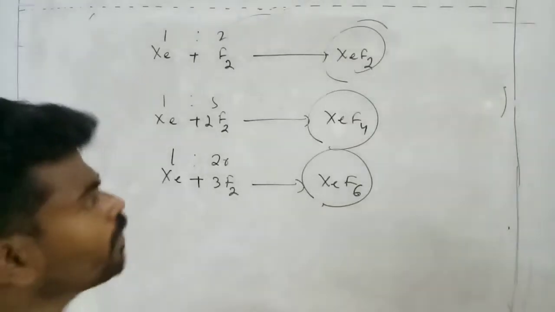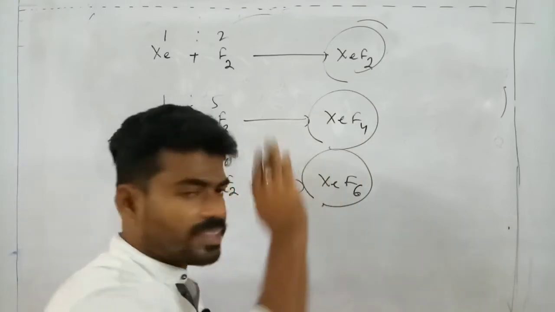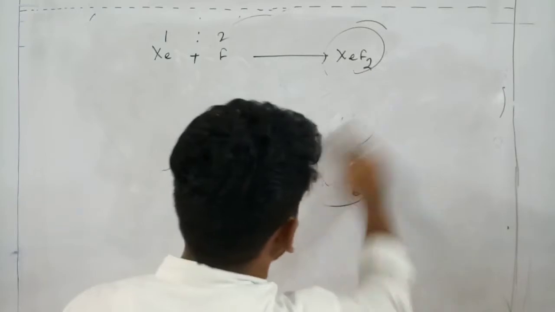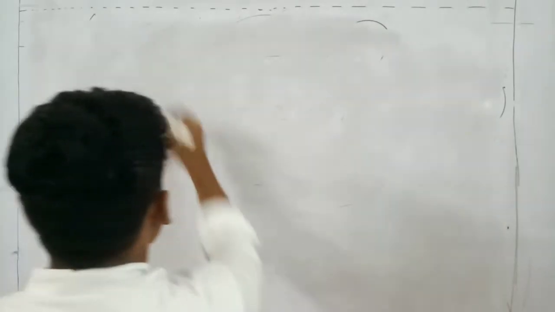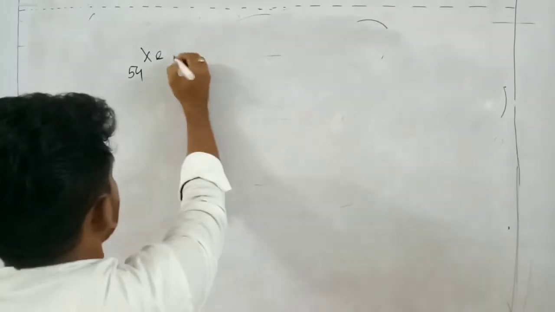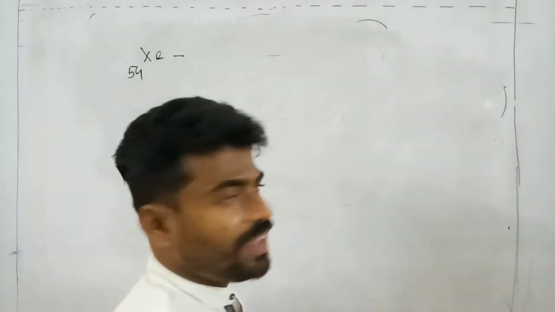Okay, let us provide some information regarding the structure of XeF2, XeF4, and XeF6. You see, Xe54, its valence configuration is 5s2 5p6.